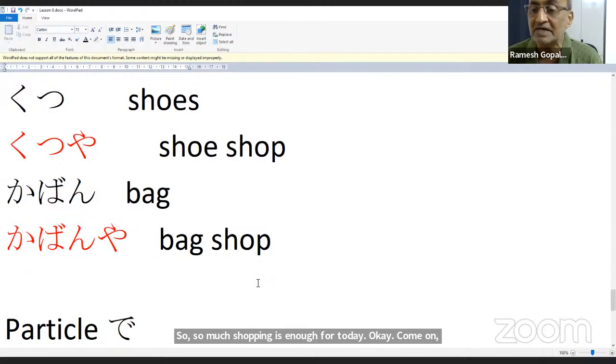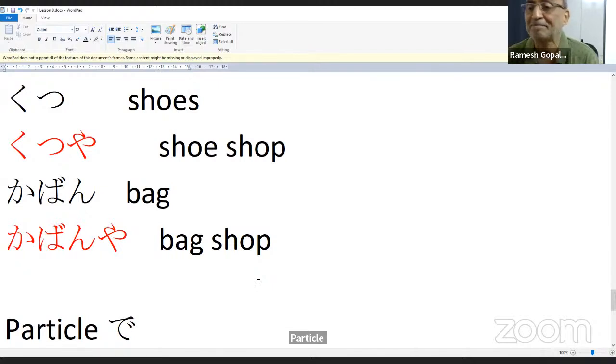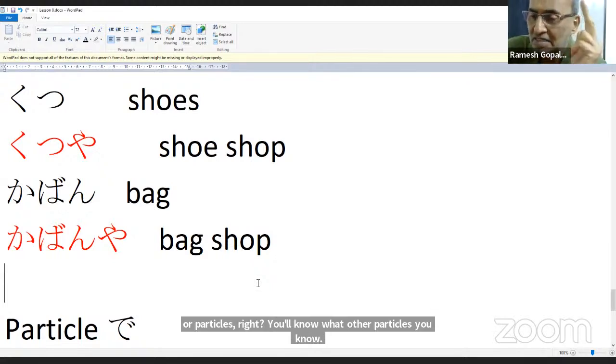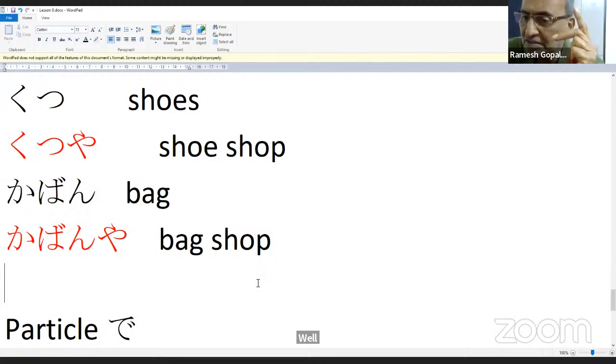Particle de. There's a particle de. You saw particles, right? You know what the particles are so far: wa, no, he, te, ni, ga.